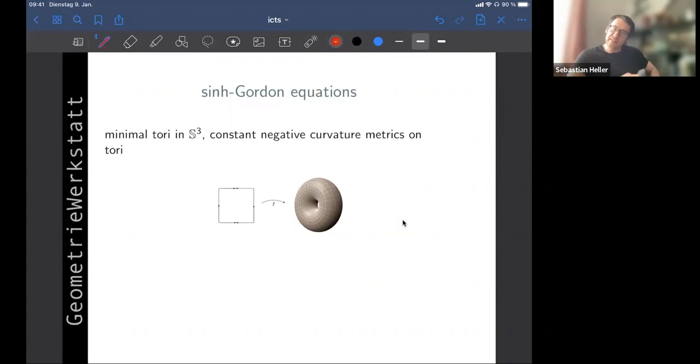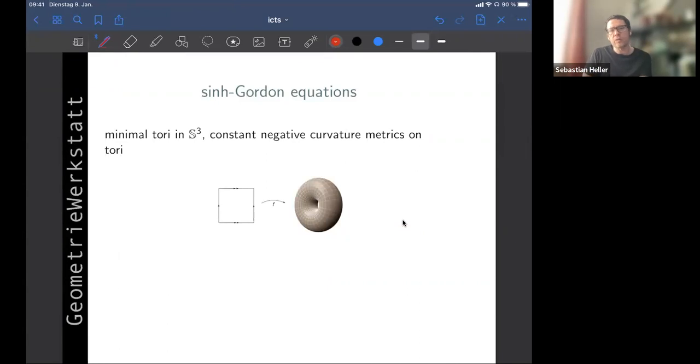The Willmore functional measures how round the surface is, and the Clifford torus is the unique compact surface in 3-space which minimizes the Willmore energy among all surfaces which have genus at least one. So this is one type of sinh-Gordon equation which plays an important role in geometry.